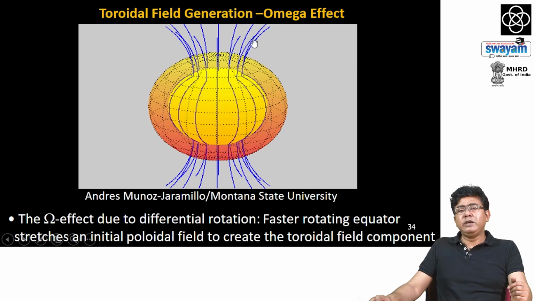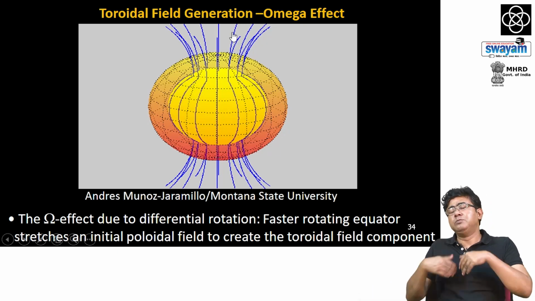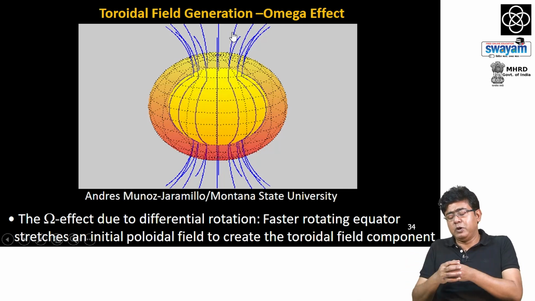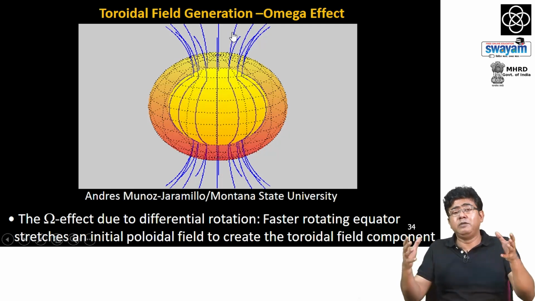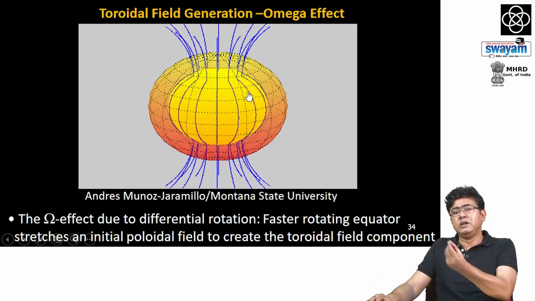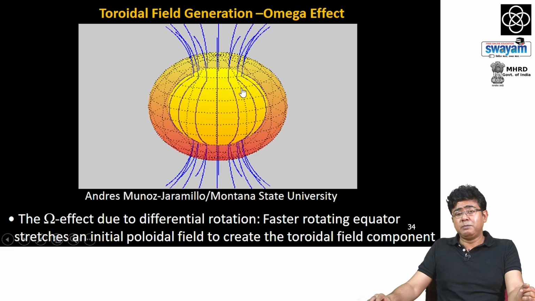For example, if you have a dipolar field, which you assume to be there initially, and typically when a star forms from the collapse of a molecular cloud, you have a dipolar field which is brought in with the collapsing cloud, and if the system starts rotating differentially, then these magnetic fields, which are frozen in the plasma, because you are dealing with a high Reynolds number plasma, Alfvén's theorem flux freezing works, the parts which are frozen in the plasma will move faster.